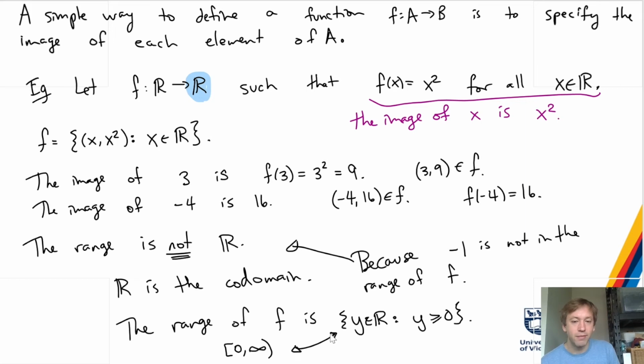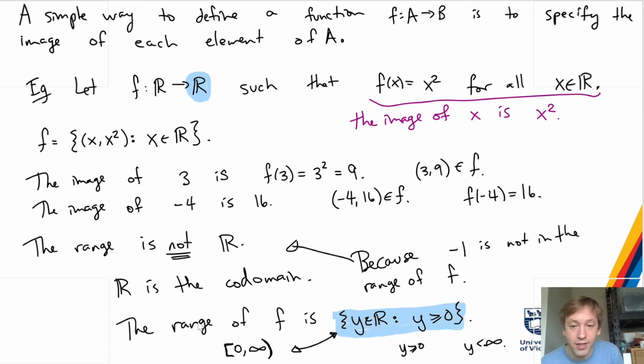I'm not sure whether we're introducing this notation in this class, but in any case, the square bracket here means that y is at least 0, but it could be equal to 0, and the round bracket here means that y is less than infinity. So it's all the numbers between 0 and infinity. But probably a better way of writing this, if we're not going to define this interval notation, is to write it like this.